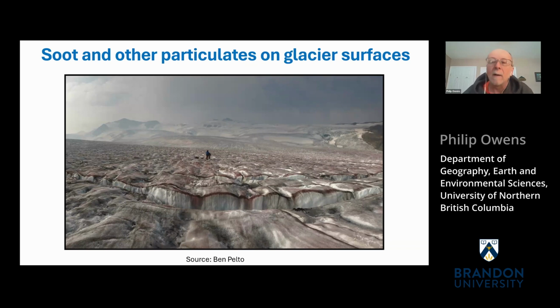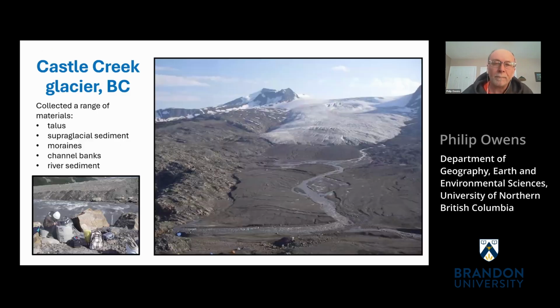A white surface is very reflective. A dark surface absorbs incoming shortwave solar radiation. So because of all the dark particulates on the surface of a glacier, it's absorbing incoming solar radiation. It therefore provides an additional mechanism to melt the glacial ice. This is why we see this positive feedback mechanism associated with climate change. Here, from a purely physical perspective, we have another mechanism because of climate change to further increase glacial melt.